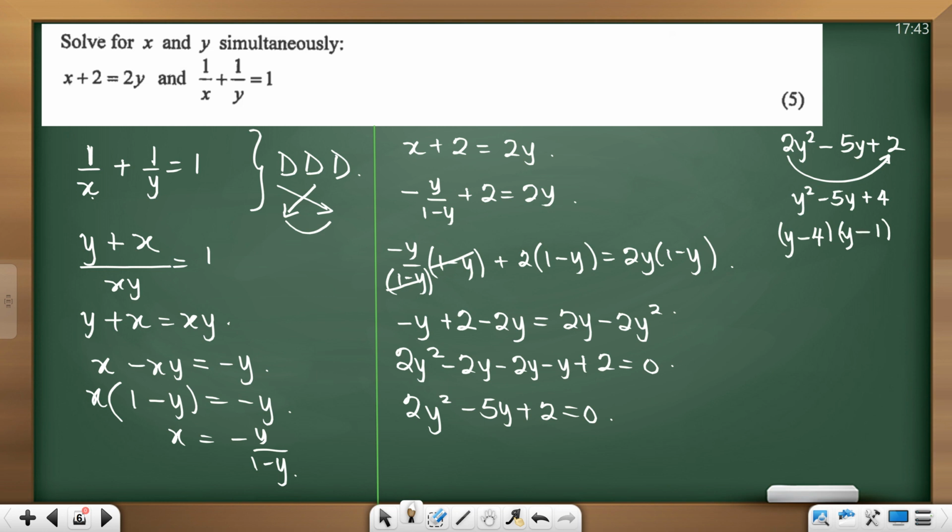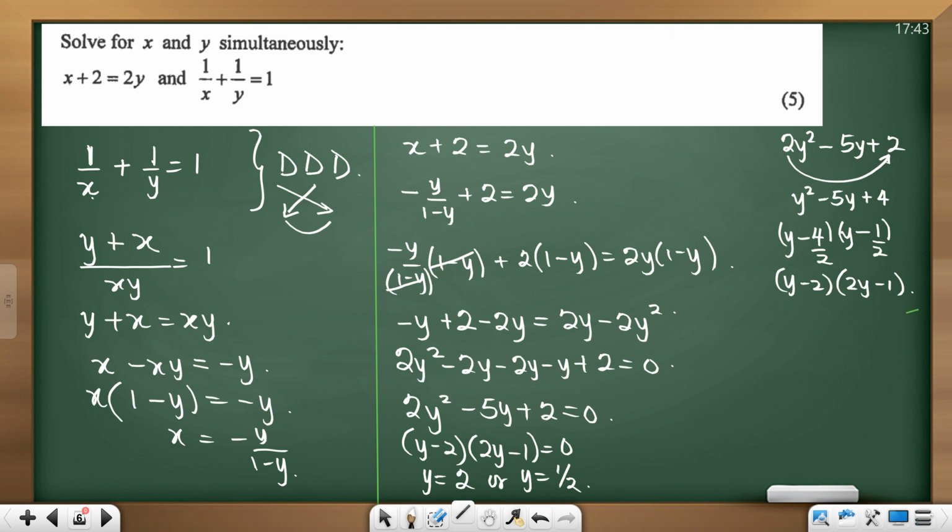But I multiplied by 2, so I am going to now divide by 2. Y minus 2. You must just know how to walk through, guys. Y minus 2 into brackets y minus 1. Y equals to 2 or y equals to half. Then I can get my x value. I already know what my x is.